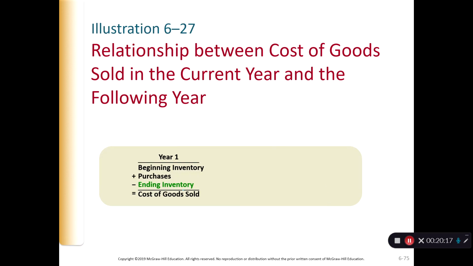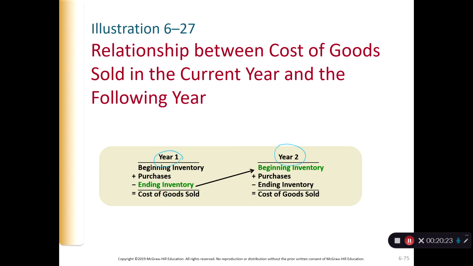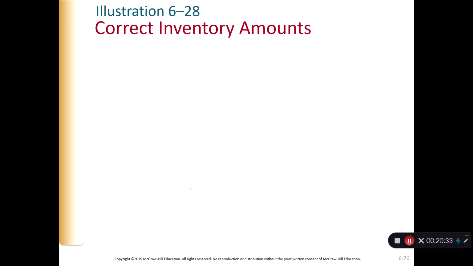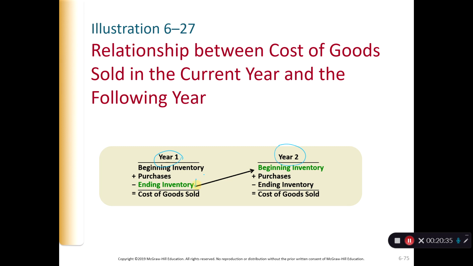Also, there's a relationship between year 1 and year 2's inventory level, because the ending inventory of year 1 becomes the beginning inventory of year 2. So if you understated the ending inventory of year 1, you will have understated the beginning inventory of year 2.